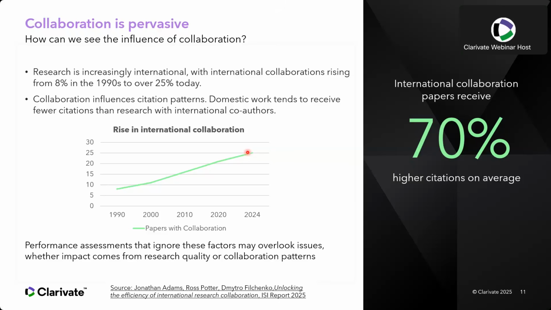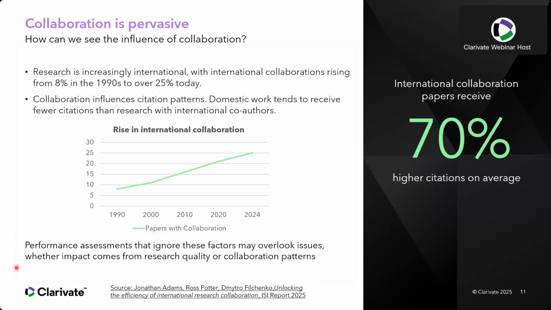And what we're seeing here is that domestic work tends to receive, of course, it's a trend, I would say, fewer citations than research with international co-authors. And the point we want to make here is that that's a recent report.